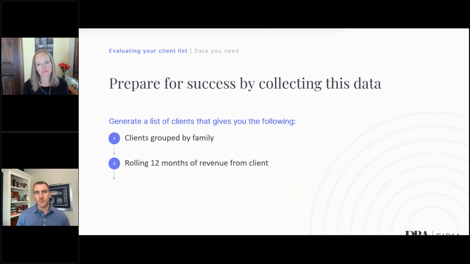The one asterisk I would add is, obviously, with the type of work that some CPAs do on the tax side, maybe you have 2 tax return engagements within a rolling 12. And so you just have to identify if that is the case.